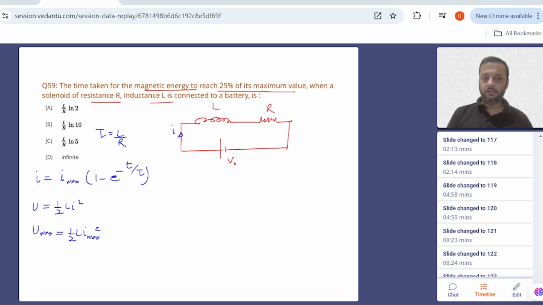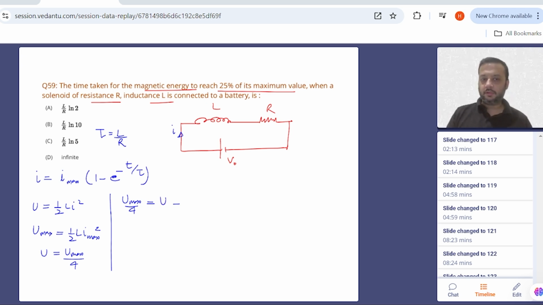That means 1 by 4th of this value, which clearly means that current must have been half of the maximum. Basically, you can say that U was U max by 4. So we have to find the time when the magnetic energy was U max by 4. So if you put U as U max by 4, that means we can say that U value is half Li square.